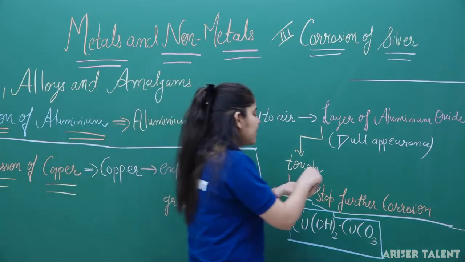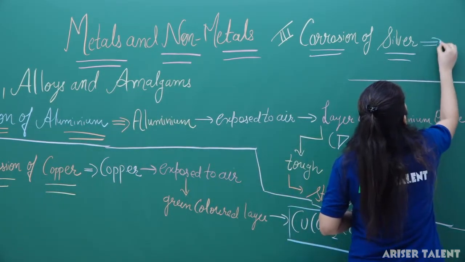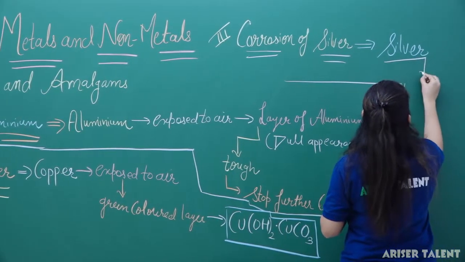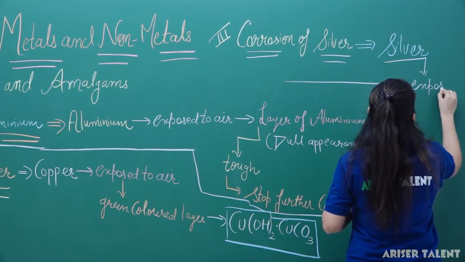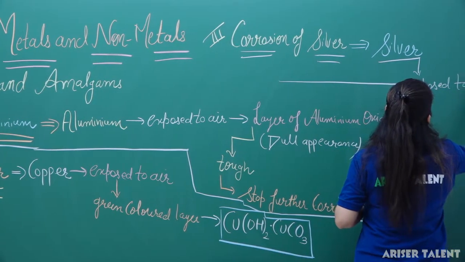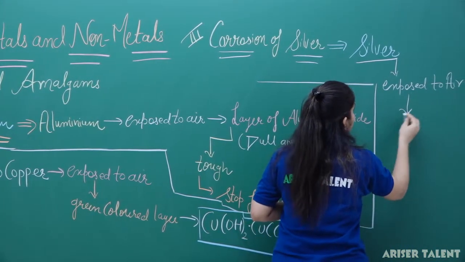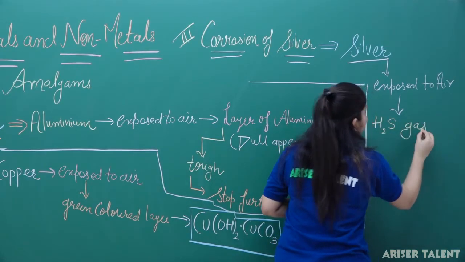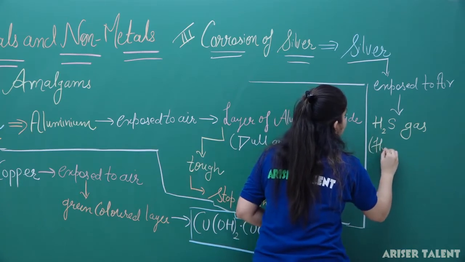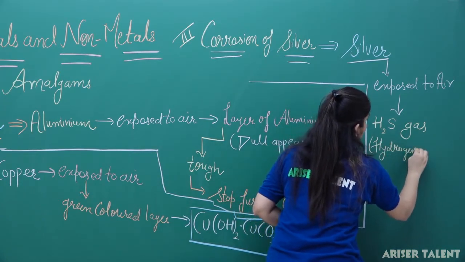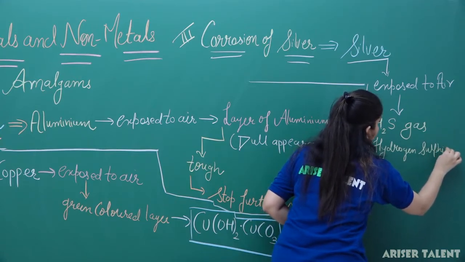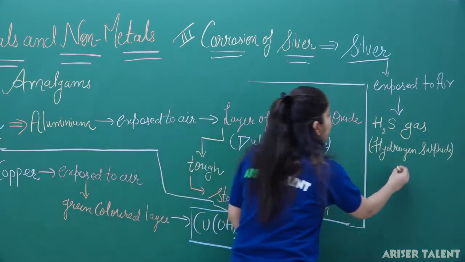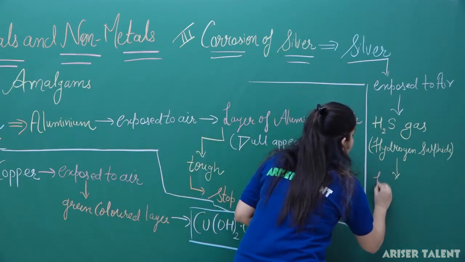So what happens in case of silver? When silver is exposed to air, it reacts with H2S gas. H2S gas is basically hydrogen sulfide gas, and after reacting with it, it forms a layer of silver sulfide.